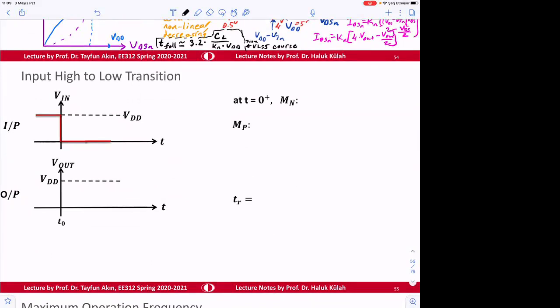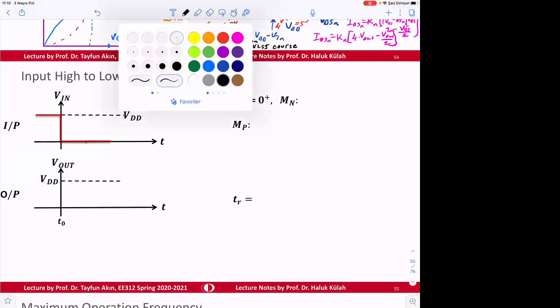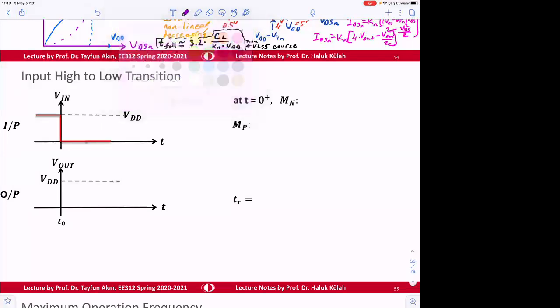The similar thing happens when input switches high to low. When the input switches high to low, initially output is going to be low, and then the device will be charging.